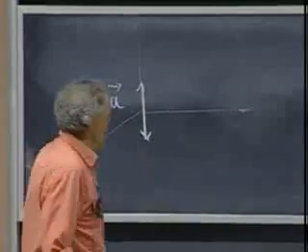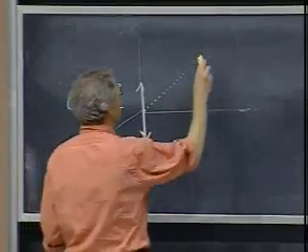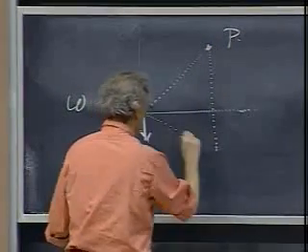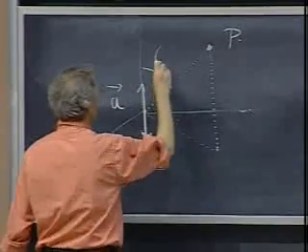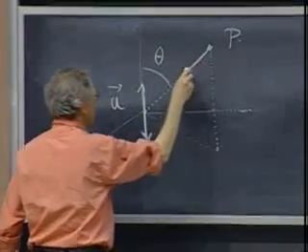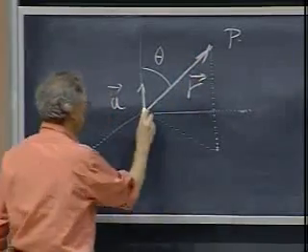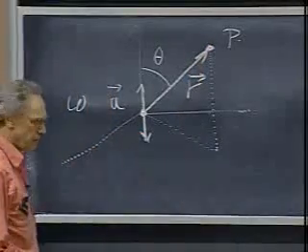And we are somewhere in space here, and we receive electromagnetic radiation, we are at point P. I'd like to make you see it three-dimensionally. And let this angle be theta, and this is the position vector r from the origin of the oscillating charge to where you are. You are at point P.